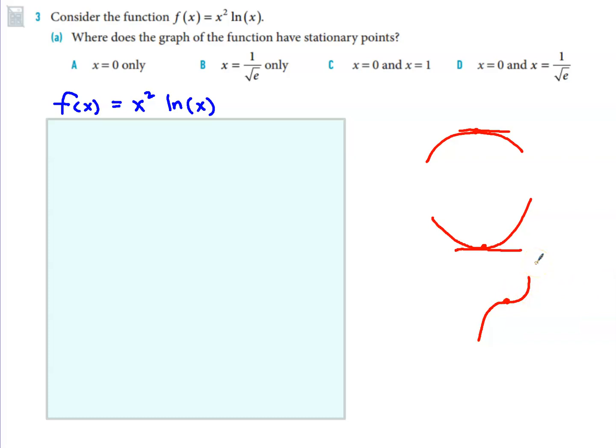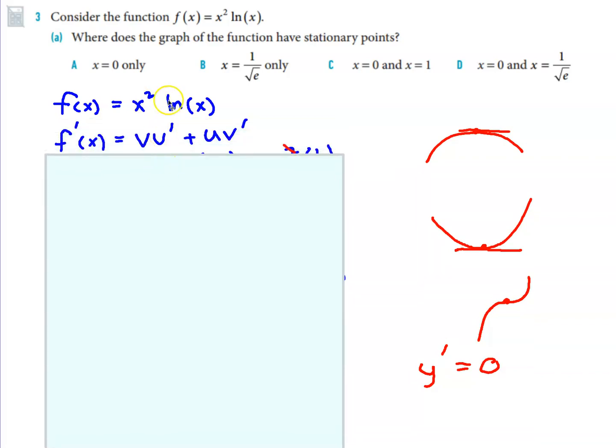So these are all called stationary points, and the important thing about stationary points is the derivative equals 0. That might be enough information for you to stop the video and have a go on your own, please. Pretty much now you know that you just have to find the derivative, set it equal to 0, and solve for x. So let's go and see how you went.